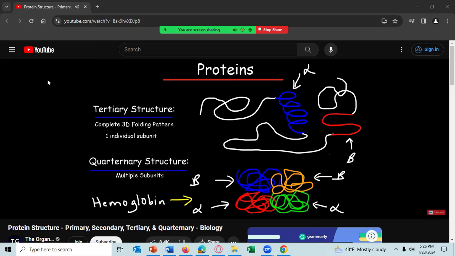Now, the tertiary structure is one individual subunit. When you combine multiple subunits, you create a quaternary structure. So hemoglobin is an example of that. It has 4 individual subunits, 2 alpha subunits and 2 beta subunits. So hemoglobin is a protein with a quaternary structure.